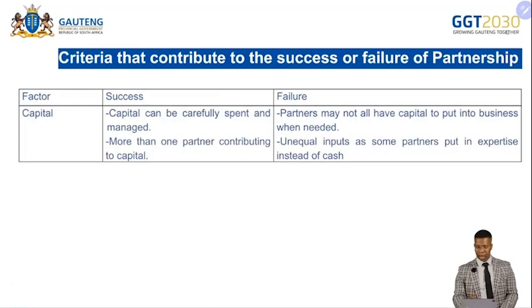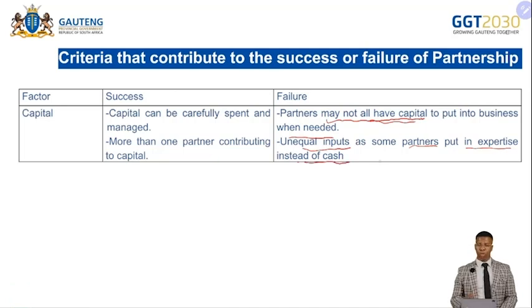However, the failure part when it comes to a partnership as a business: partners may not all have capital to put into the business when it's needed, and there are unequal inputs, as some partners put in expertise instead of cash.